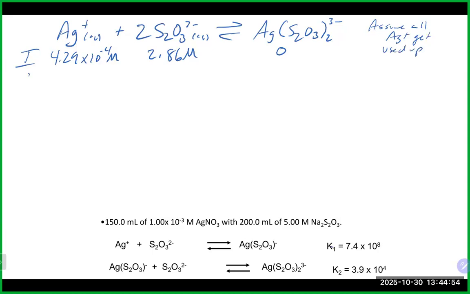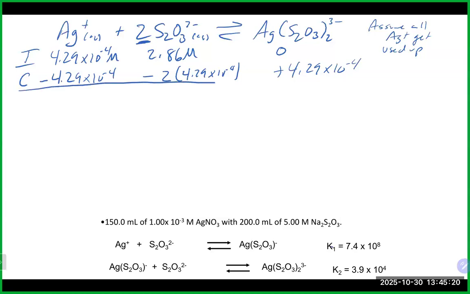So our change is going to be minus 4.29 times 10 to the minus 4, minus 2 times 4.29 times 10 to the minus 4. Again, that'll be like our 2x that we normally would put there, so we have to take that coefficient into account, plus 4.29 times 10 to the minus 4. Any questions on that line there?